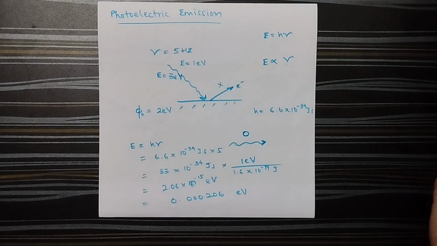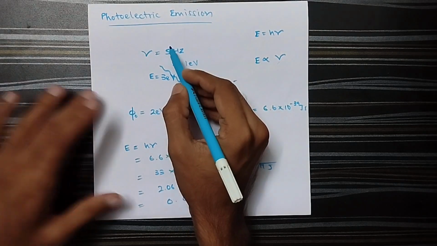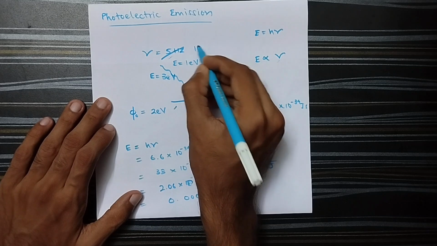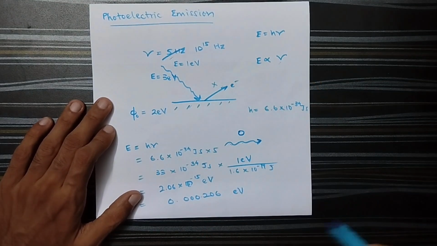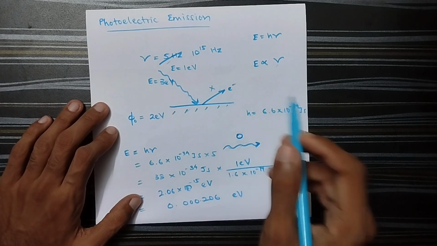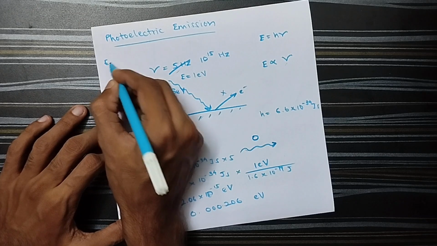Suppose we take a really big value. Suppose we cut the 5 Hertz and we give a really big value like 10 raised to 15 Hertz. So that's a really big value. We just gave frequency as 10 raised to 15 Hertz, okay? So that would mean E would be equal to h nu, right?